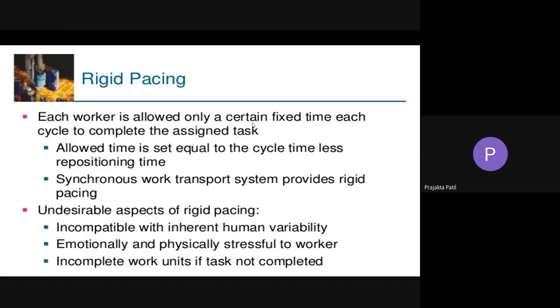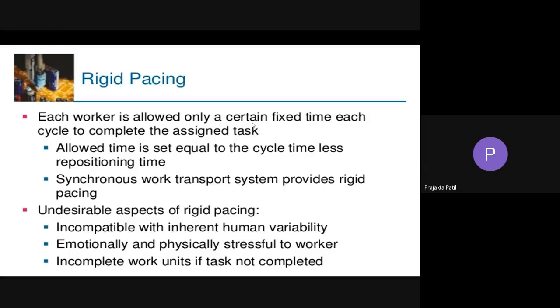Obviously, when a person is forced to work in a certain period of time, that person is going to be emotionally and physically stressed at work. So that is one of the undesirable aspects of rigid pacing. Rigid pacing means the worker has to complete his task in the given period of time without any flexibility, without any allowance given with respect to the allowed time.